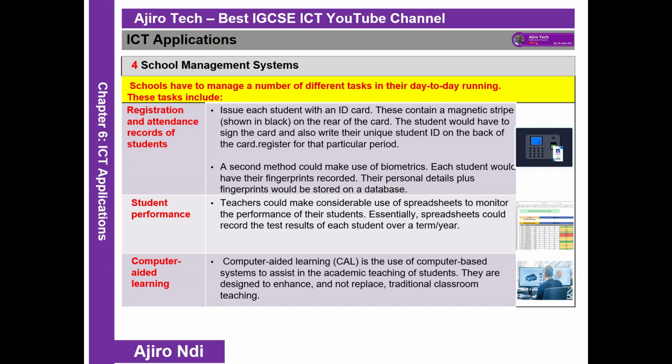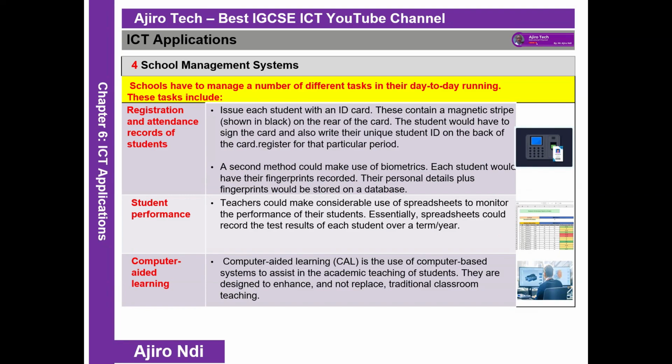So you have the use of ID cards. You see the ID card right here. They contain what we call the magnetic stripe. This magnetic stripe contains the unique ID of the student and other data of the student, which is what we're going to see when we talk about chapter 8 under safety and security, where we'll talk about personal details.